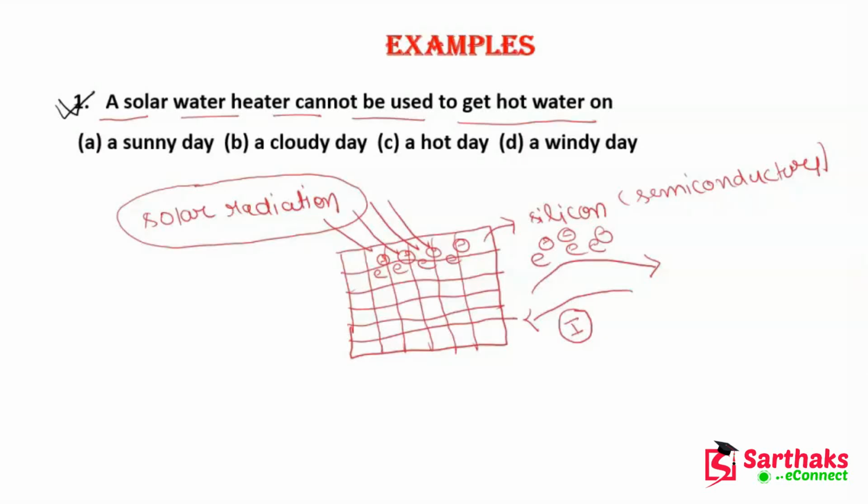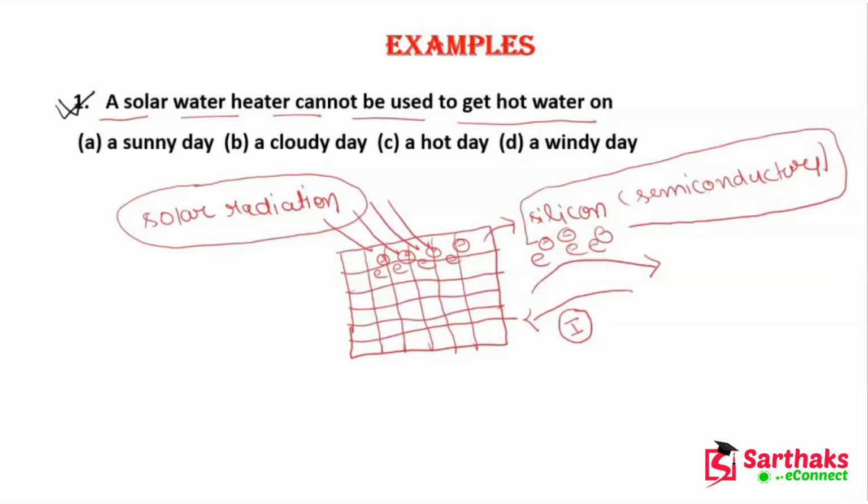The direction of the electric current is taken as the opposite direction of flow of electrons. I hope guys this point is clear to you. So basically we all know that silicon acts as an insulator at some temperature, but when the temperature increases, it starts conducting electricity. I hope this point is clear to you.